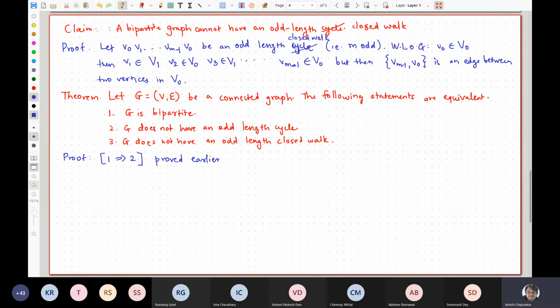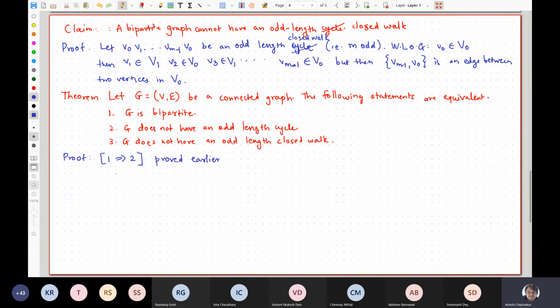Then you're saying that just because you don't have an odd length cycle, you're not going to get stuck in a situation where one vertex is forced to have red color because of one neighbor and blue color because of another neighbor. Yes, sir. So that is roughly your argument. It needs to be made clean, and we'll do that.